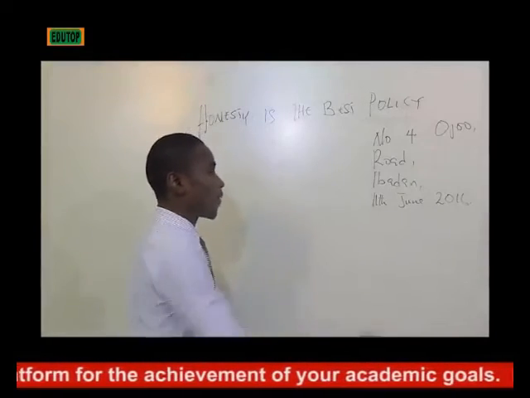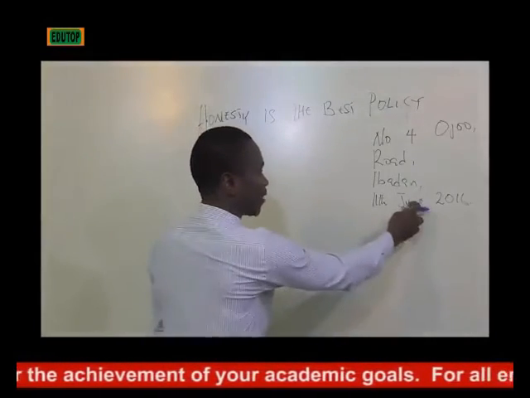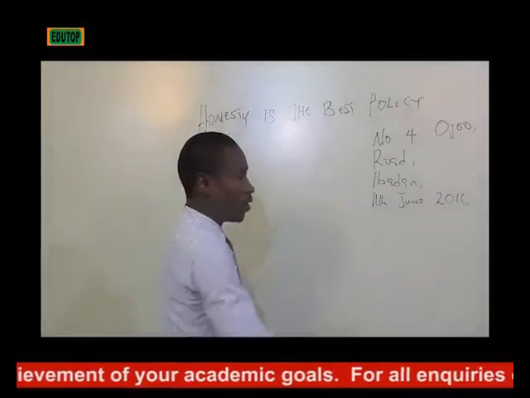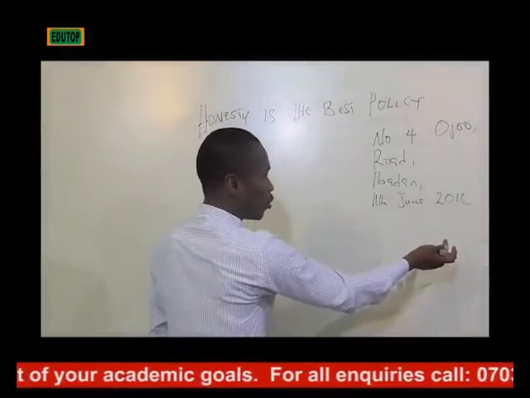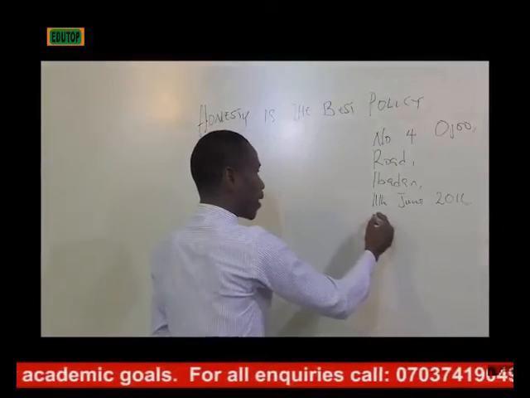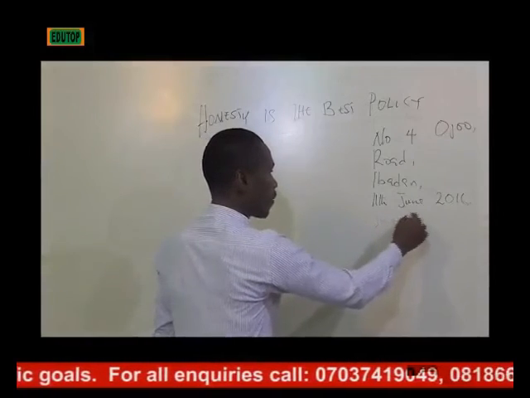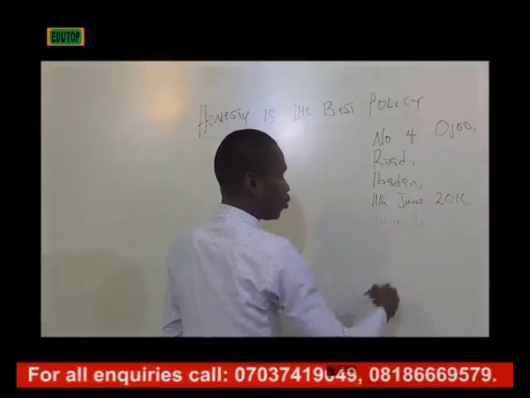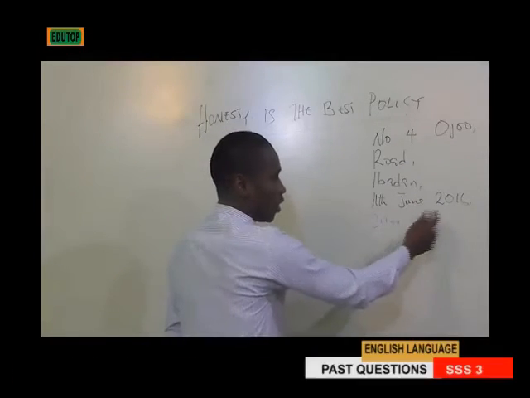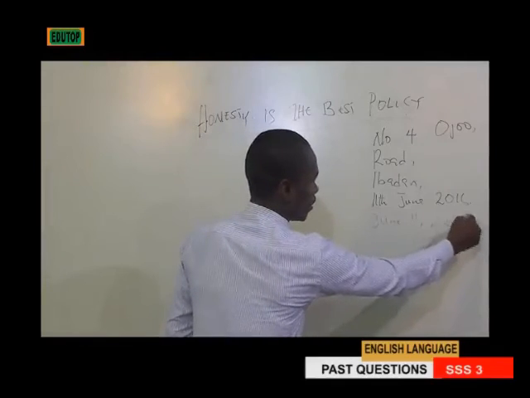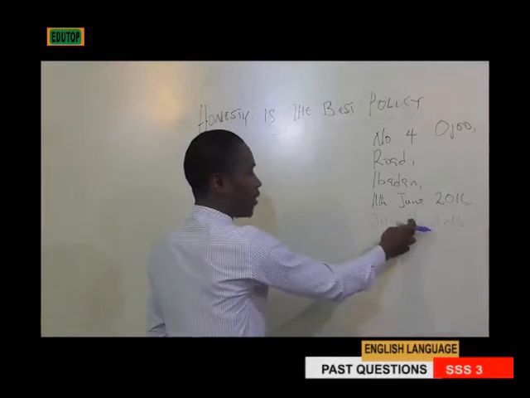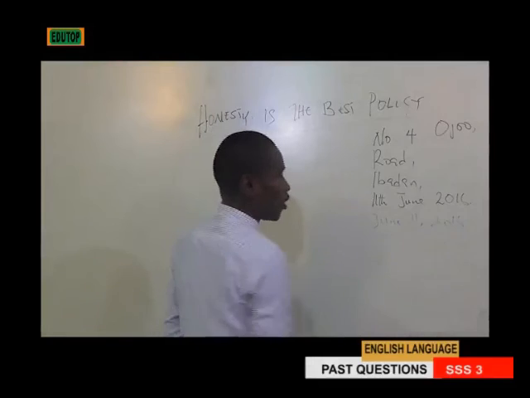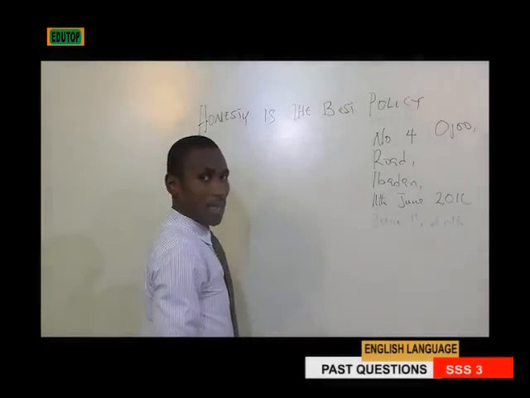And for a month like June, you don't need to abbreviate. But you can say June 11, comma, you don't say June 11th. June 11, comma, 2016. The comma is meant to separate the day from the year, and you put a full stop. I'm sure that is clear to you.